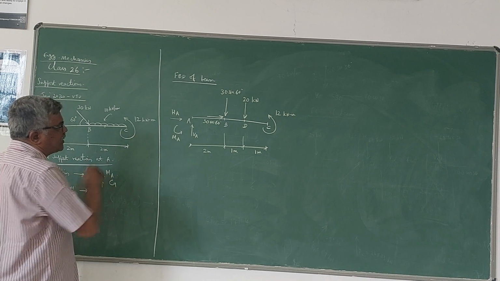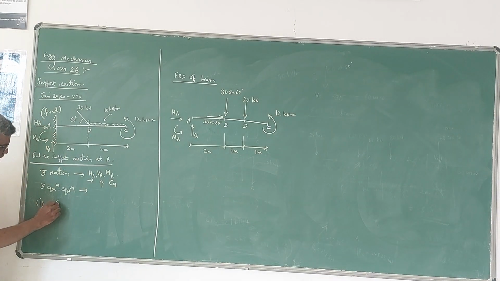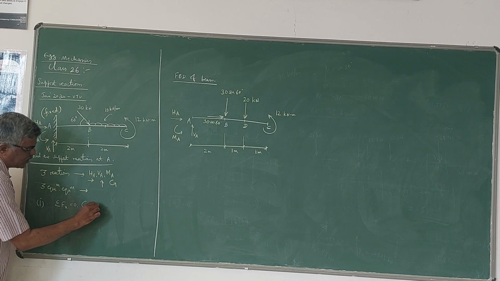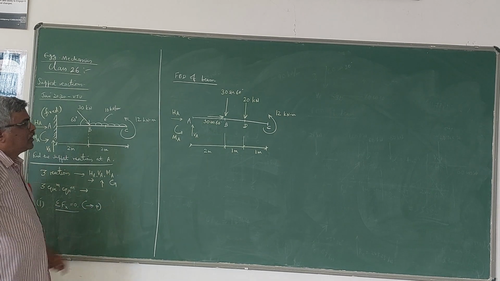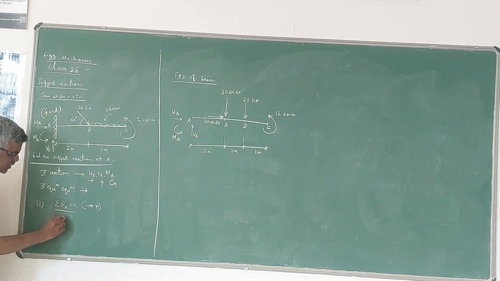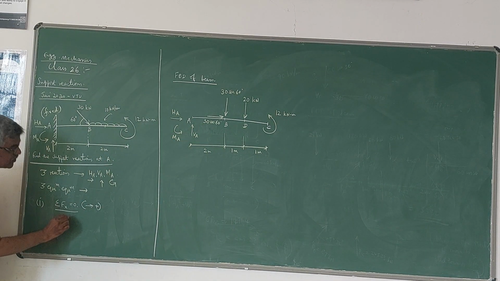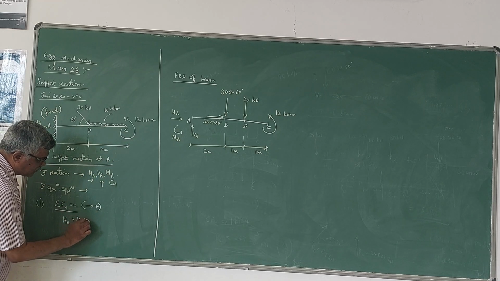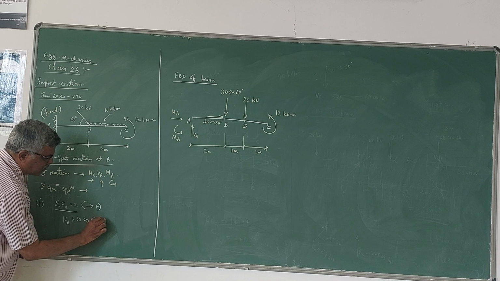Now let us apply the equilibrium equations. First equation, sigma Fx = 0, with forces acting towards the right positive and left negative. Here I have taken HA towards the right, so it is positive. And this 30 cos 60 is also acting towards the right, therefore that is plus, equal to 0.